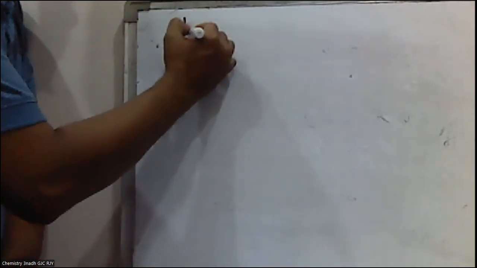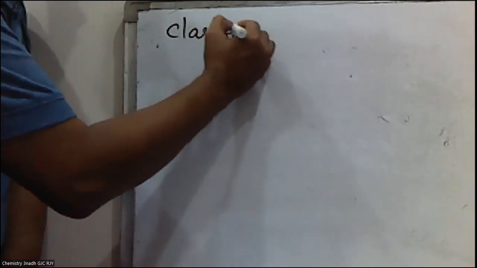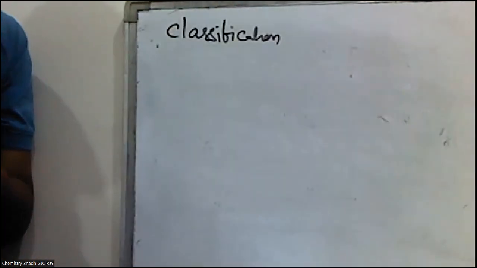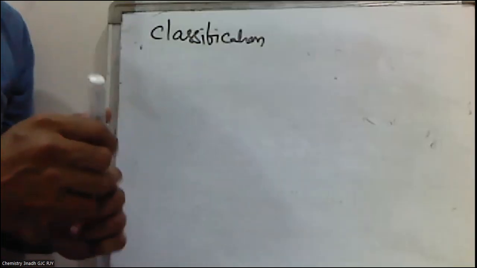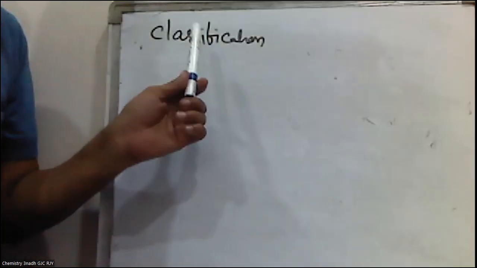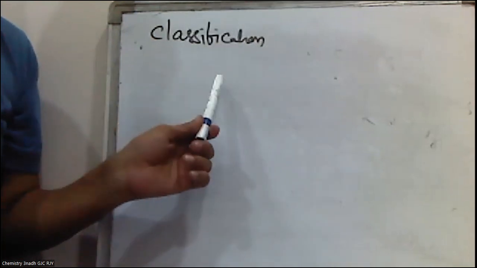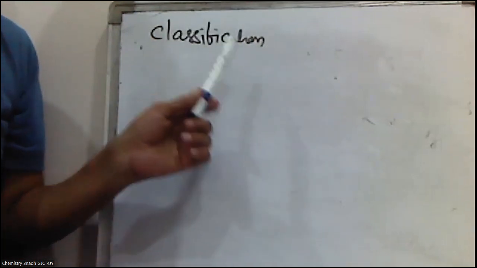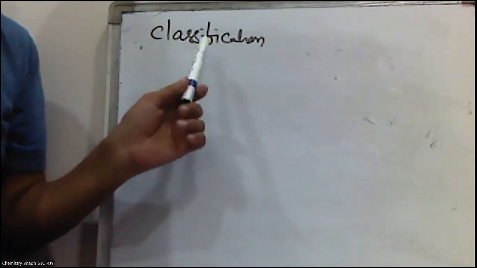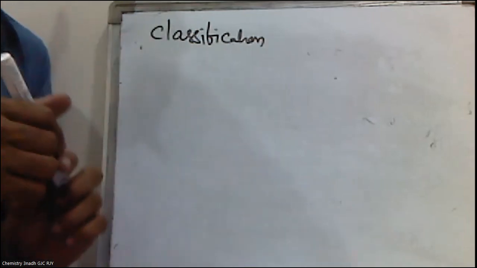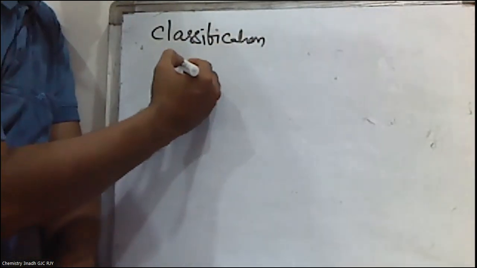Classification of amines. Now we have seen what amines are. We know that amines are the derivatives of ammonia and are obtained by replacement of one, two, or all the hydrogen atoms of ammonia by alkyl or aryl groups. Amines are classified into three types.